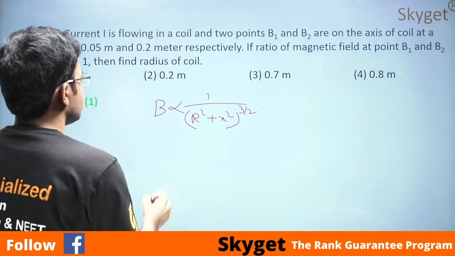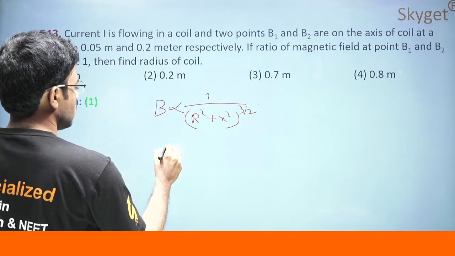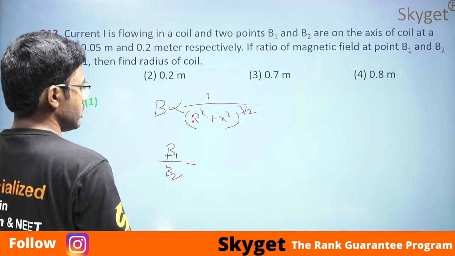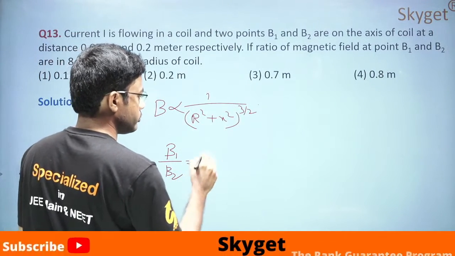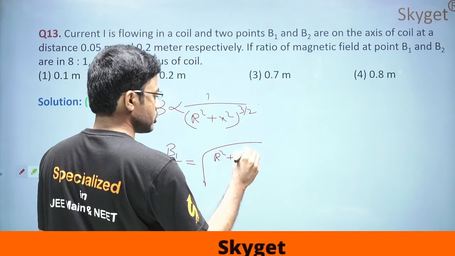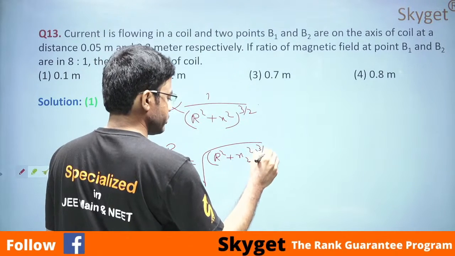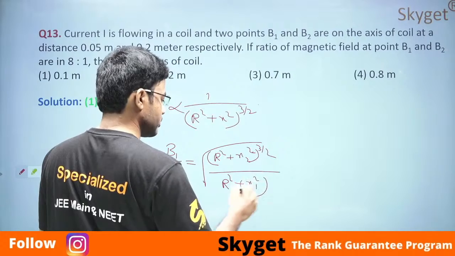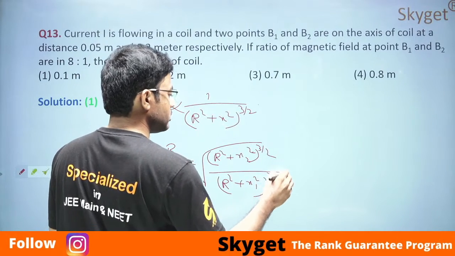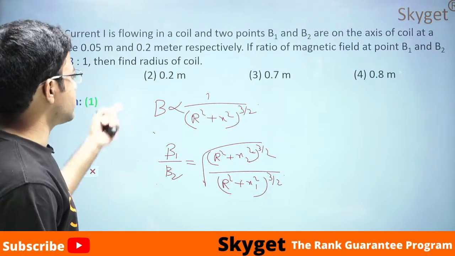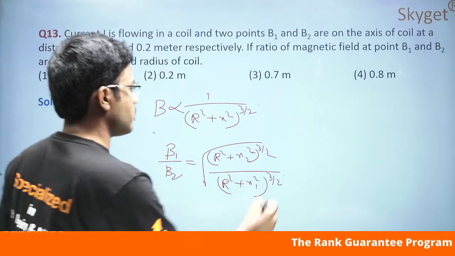So B1 by B2 is equal to (r square plus x2 square) whole power 3 by 2 by (r square plus x1 square) whole power 3 by 2. He has given this ratio, B1 by B2 is equal to 8:1.